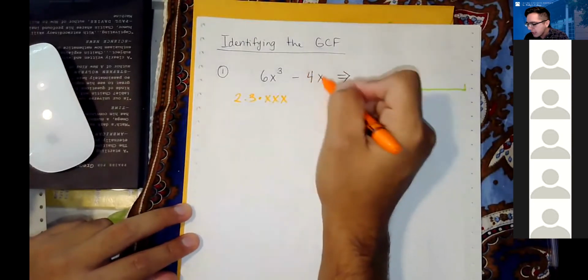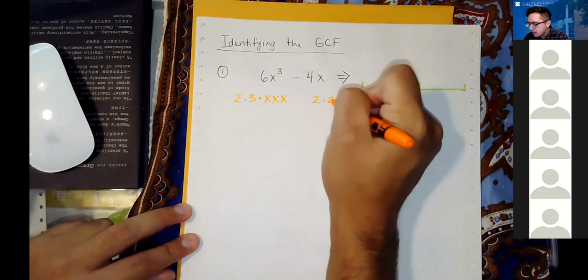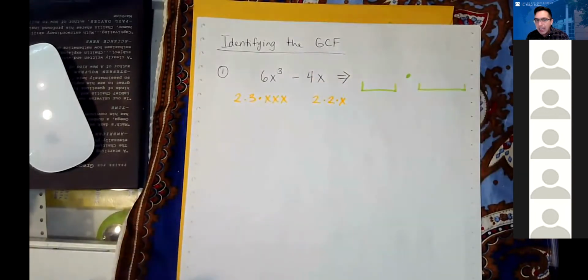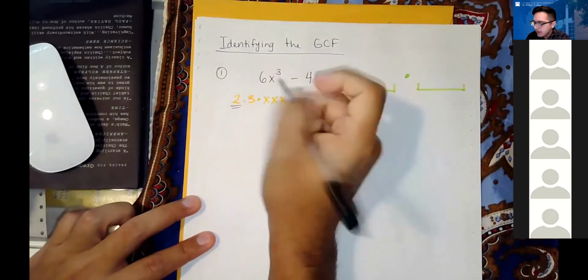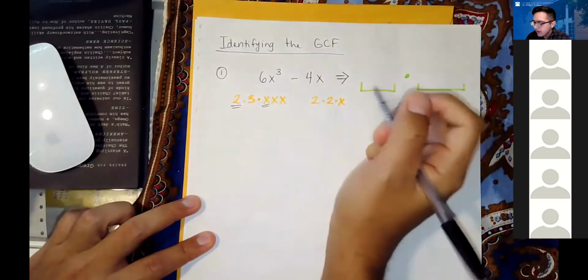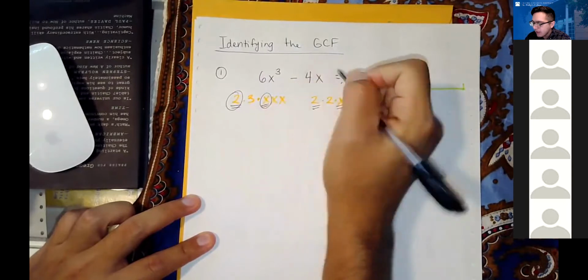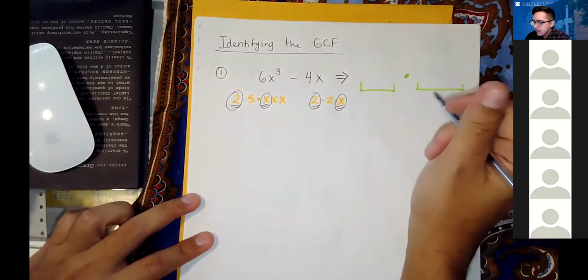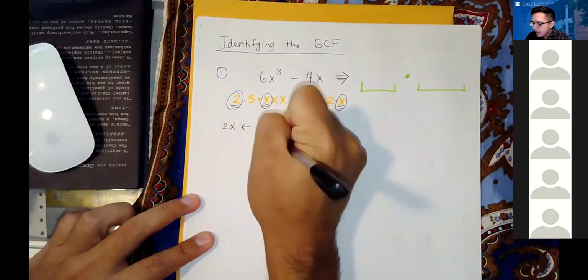We can also break up this term, which is negative 4x, as 2 times 2 times x. And then by breaking that up, we can see what they have in common. It looks like we have a 2 in common here, and we have an x in common here. That's the most that they have in common, the 2x. So 2x has to be our greatest common factor.